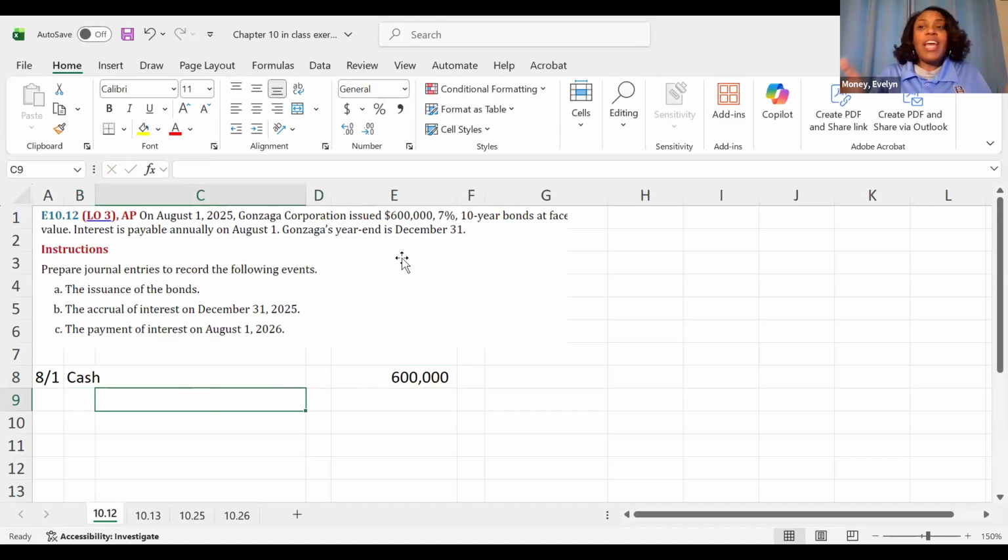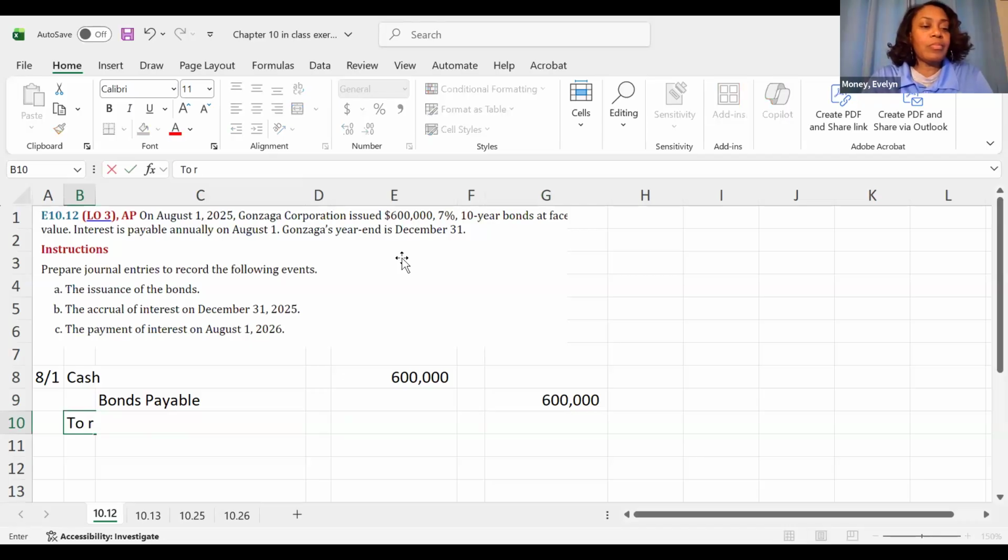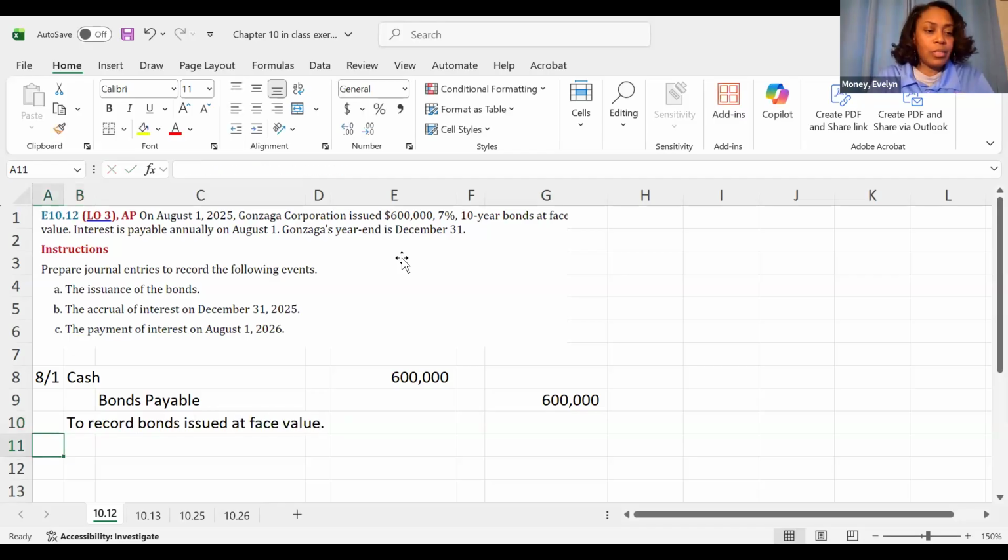The something else is bonds payable, always recorded at face value, which makes sense because my entry needs to balance. To record bonds issued at face value. Done. So that is A, the entry for the issuance of the bonds.